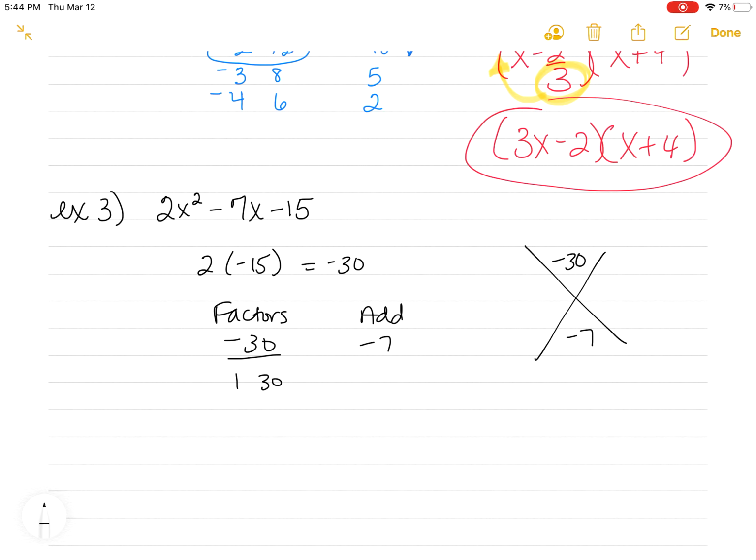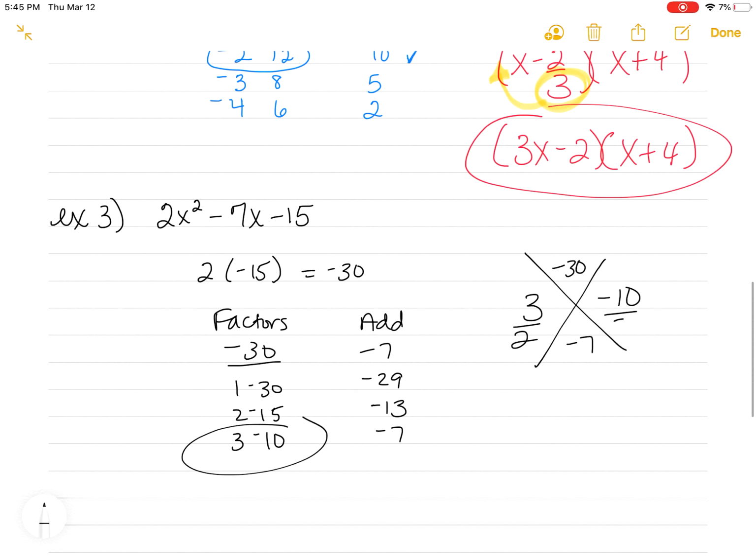Let's see. 1 and 30, 2 and 15, 3 and 10. Okay. My larger number is going to be negative. So let's see, negative 29, negative 13, negative 7. So it's 3 and negative 10, actually.